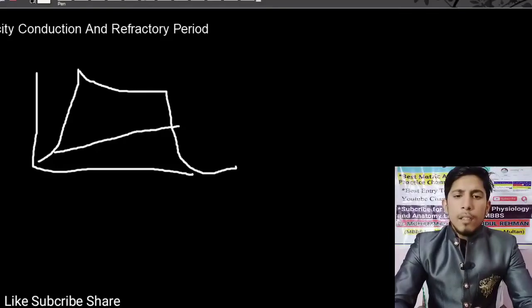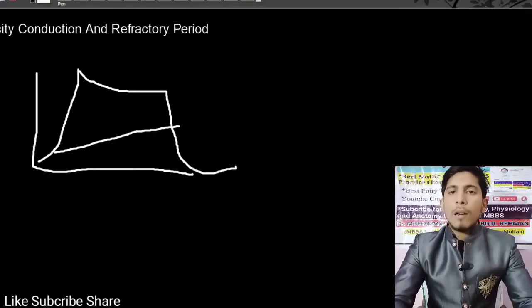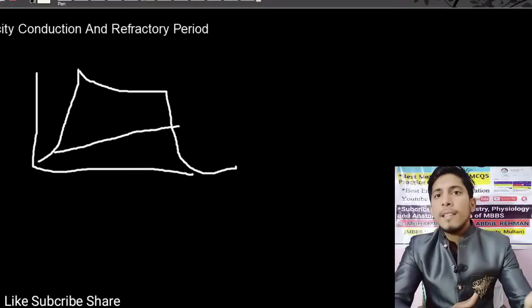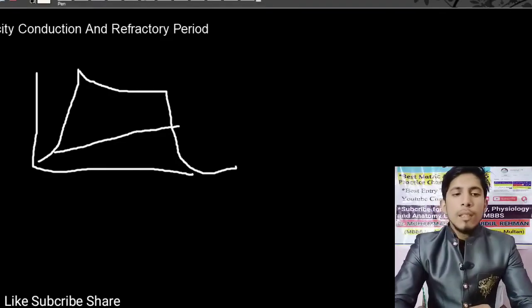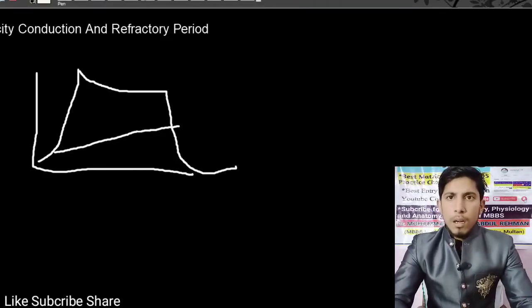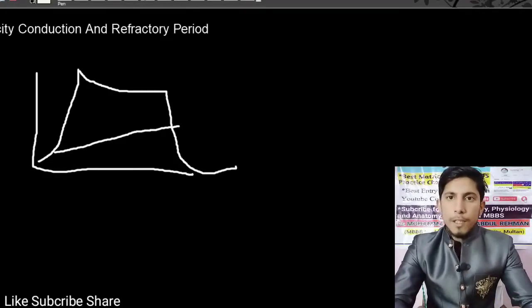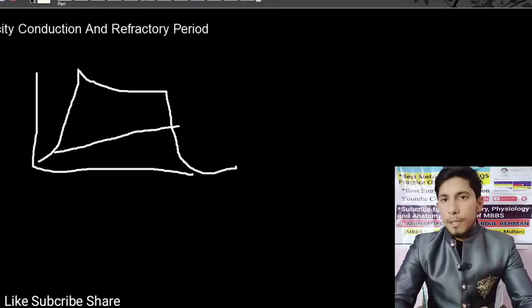It is the period during which cardiac muscle cells that are already excited, contracted or depolarized cannot be re-excited. So this is the period during which a cardiac stimulus cannot excite an already excited area of the heart, no matter how strong a stimulus or action potential you provide. This period is called the absolute refractory period.